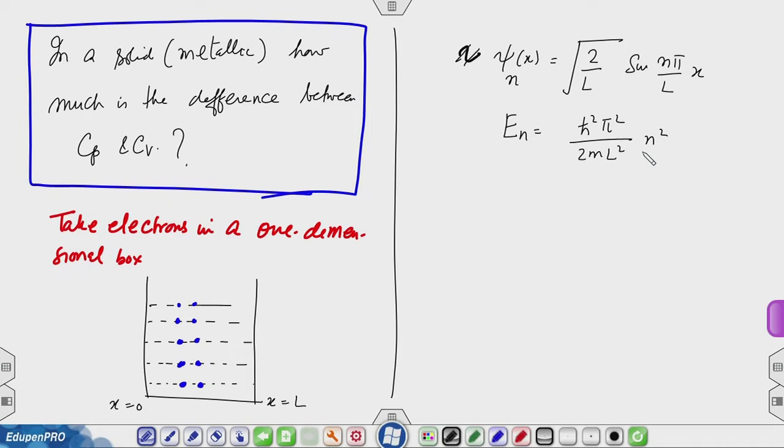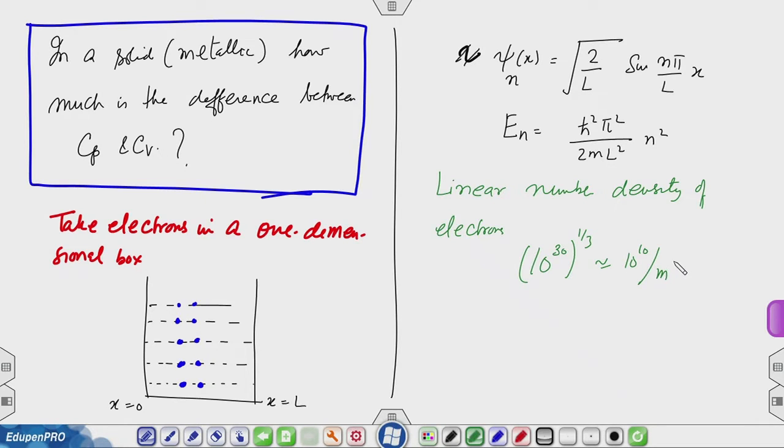Since I am taking a one-dimensional box, let me take the linear electron number density to be 10 raised to 30 raised to 1/3, which is 10 raised to 10 per meter, or roughly 10 raised to 8 per centimeter. That is the linear charge density I am talking about.